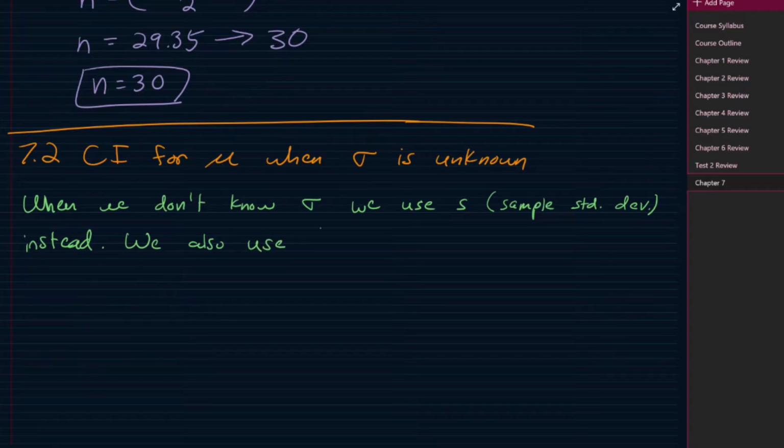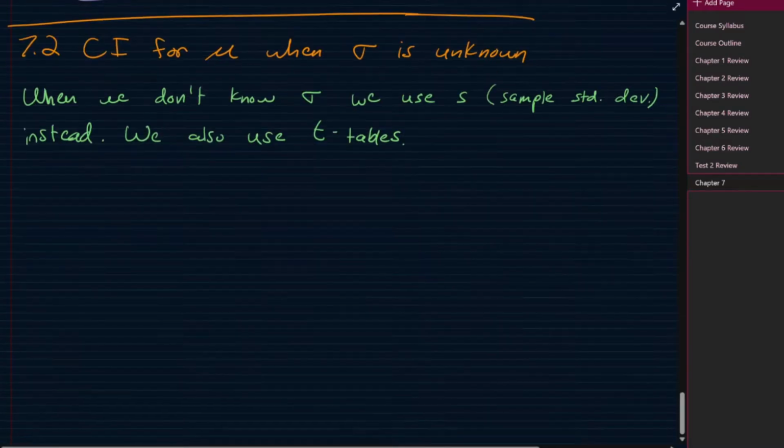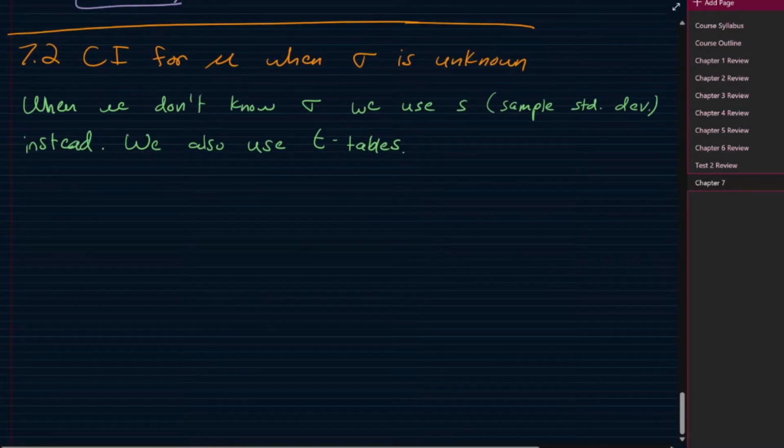Rather than z-tables, these are called t-tables. So I know it's a bit of a pain to have to learn how to interpret another table, but that's pretty much the best way to understand this material, honestly.